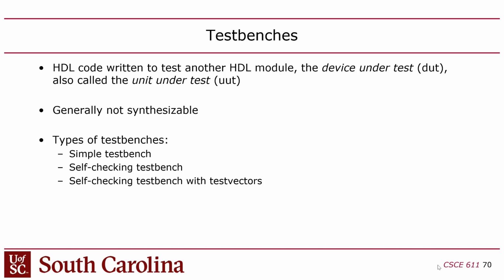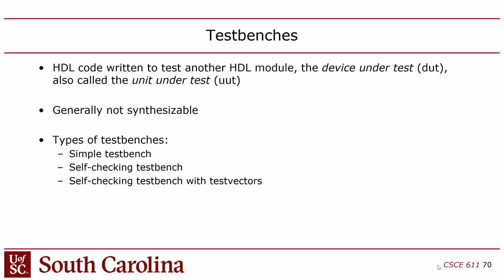That's the idea. Now there are a million ways to do testbenches. Everyone does it their own way. In this lecture, I'll show you three different ways to do it. There's a simple testbench that just sets the inputs and doesn't check the outputs. Then there's a self-checking testbench that checks the outputs. And then there's a self-checking testbench with test vectors.